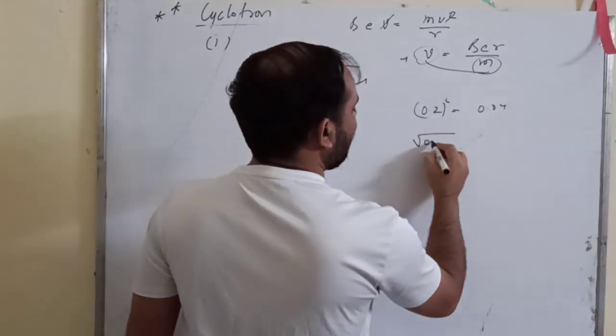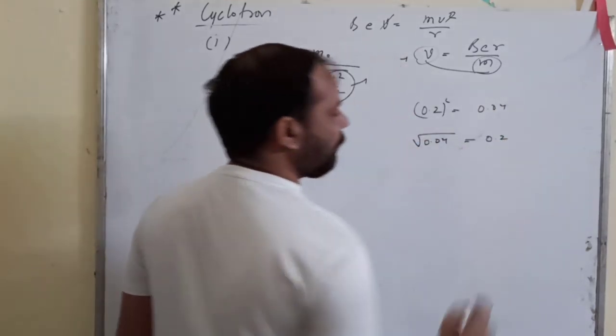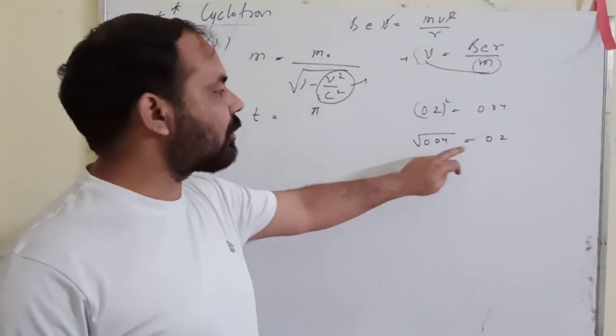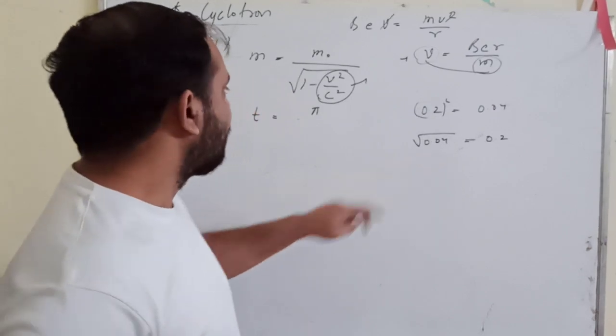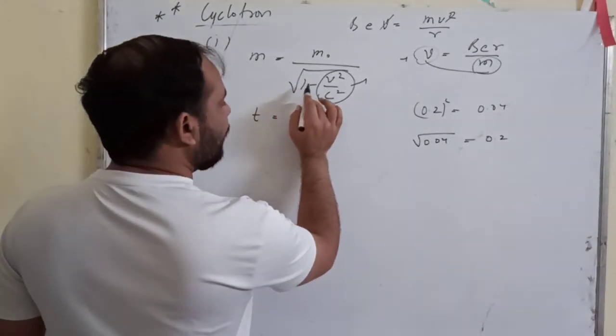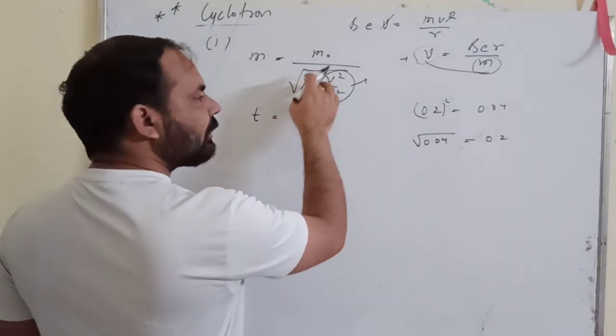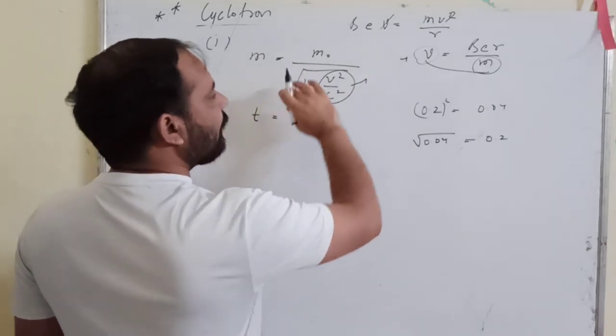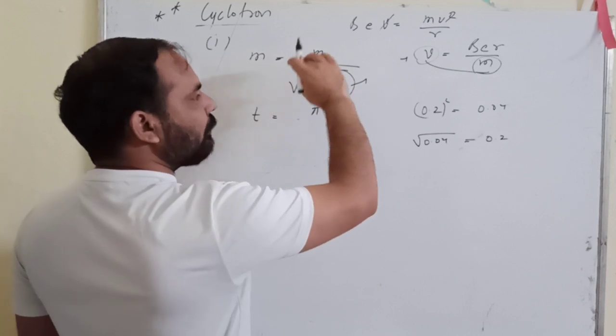So it means that the square root of 0.04 is 0.2. So the square root of a number less than 1 is more than the number. Since you are subtracting something from 1, it will be less than 1. Now if it is less than 1, then the square root will be more. That square root value will increase.